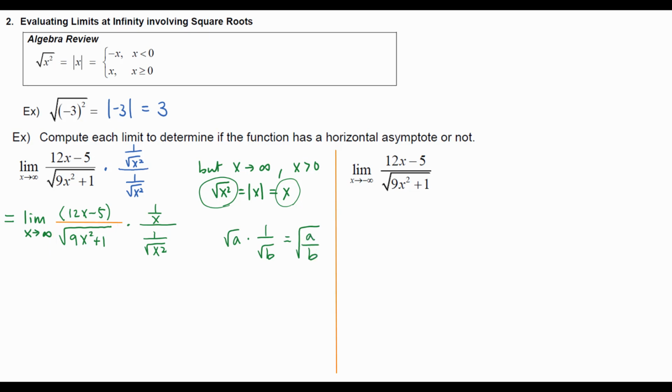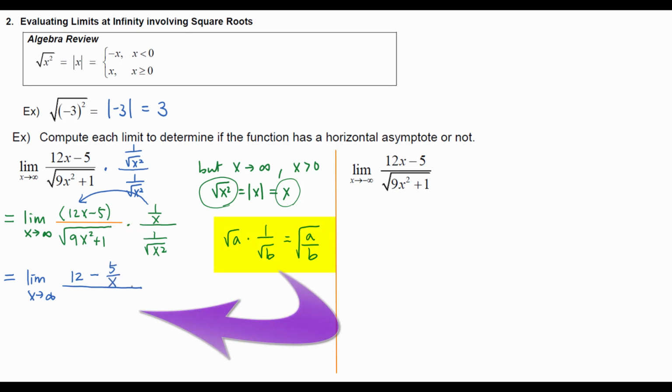So now, this is equal to the limit as x approaches infinity. Go ahead and distribute with this. The x cancels, you get 12 there, minus 5 over x. And in the denominator, you can form the square root of a times 1 over the square root of b equals the square root of a over b.